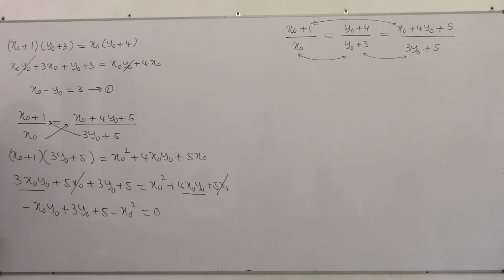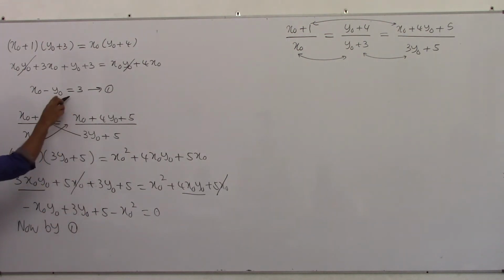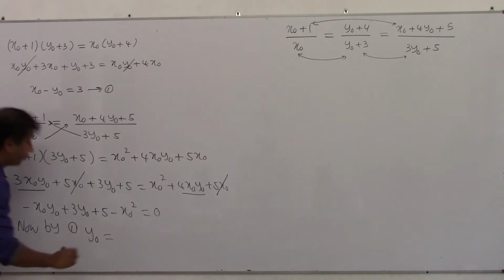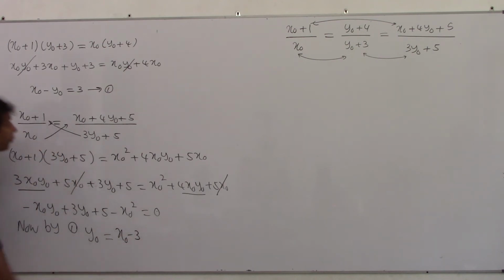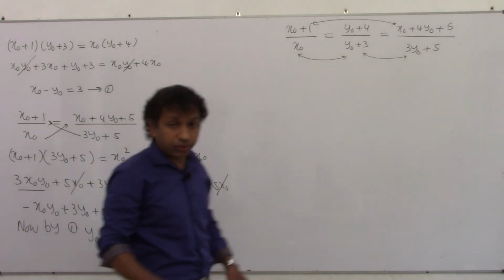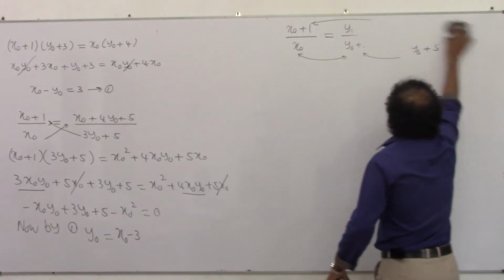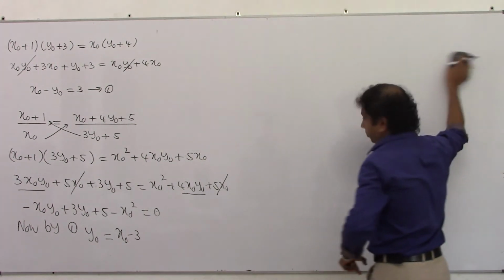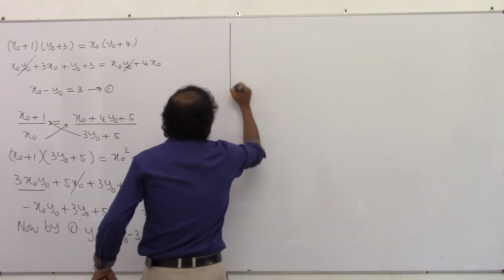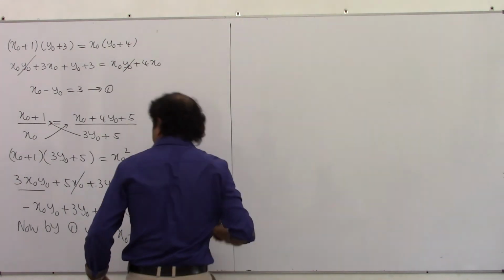Now people, I am going to substitute for this y naught using this number 1. Now by 1, taking y naught to the right hand side, y naught equals x naught minus 3. Put that there, and you get a quadratic equation in x naught; find two answers. Right, you get there.